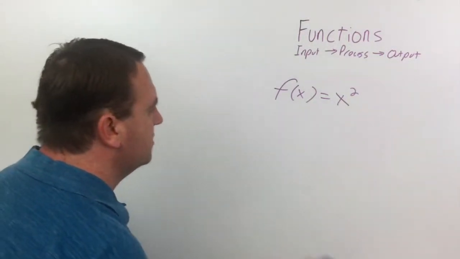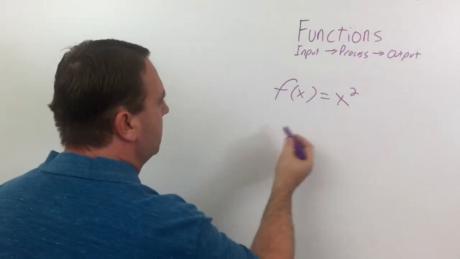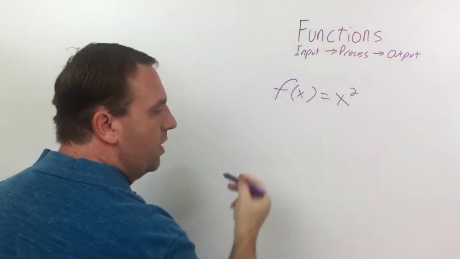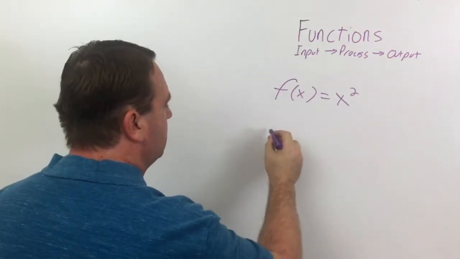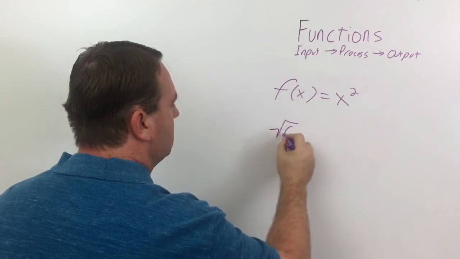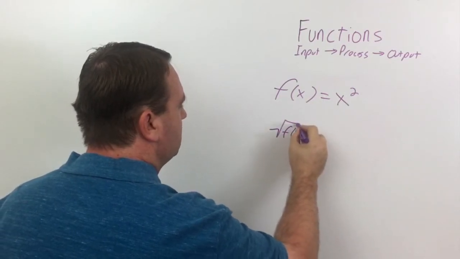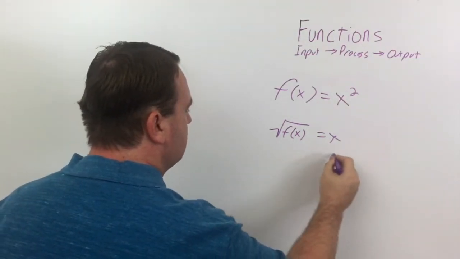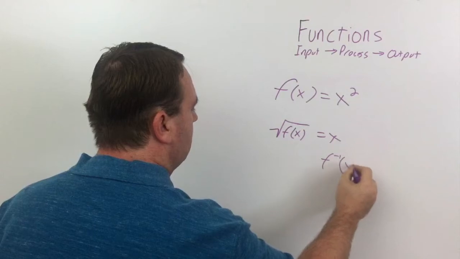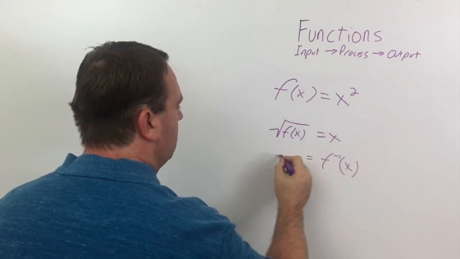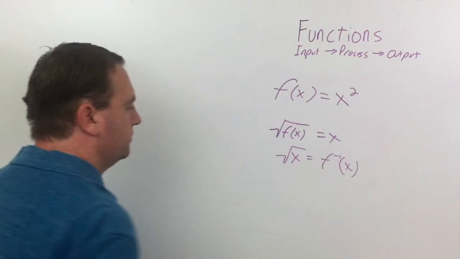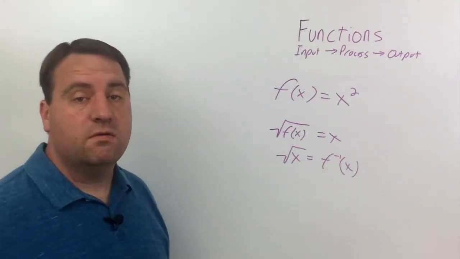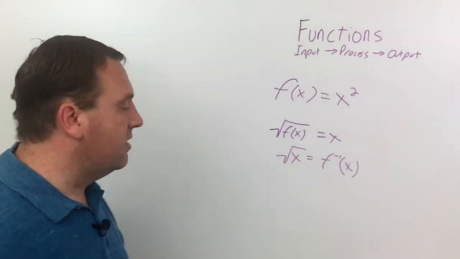But the inverse function, let's look at how you would do an inverse function. Basically the only thing that you have to do here is to take the square root of both sides. So the square root of f of x equals x. So we can rewrite this, okay, so the inverse function is the square root, but the square root has both a positive and negative value.